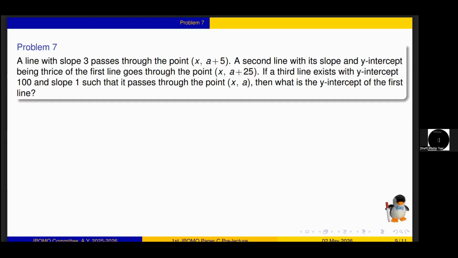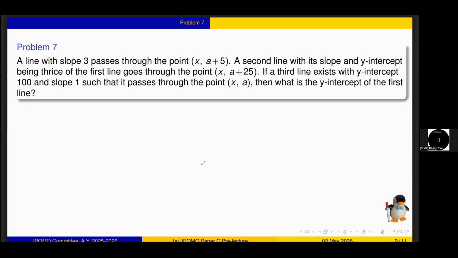I'm just gonna wait for it. Yeah, 295 is correct. On that diagram, sorry.